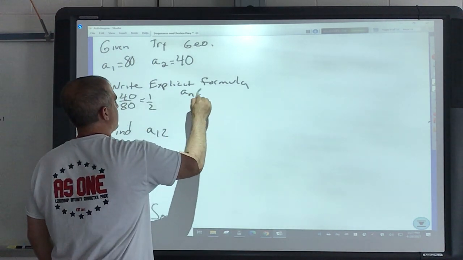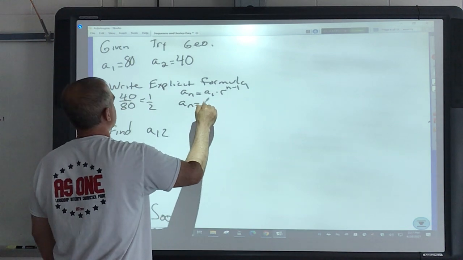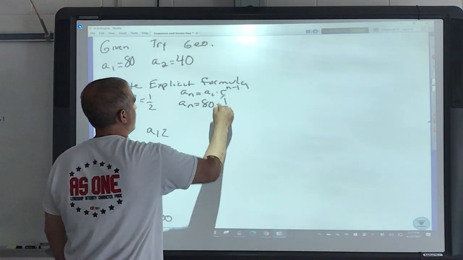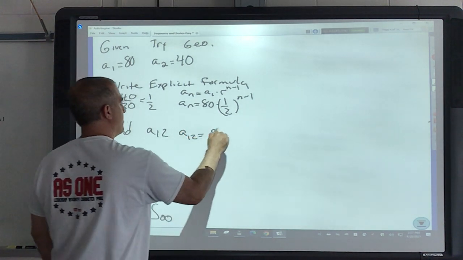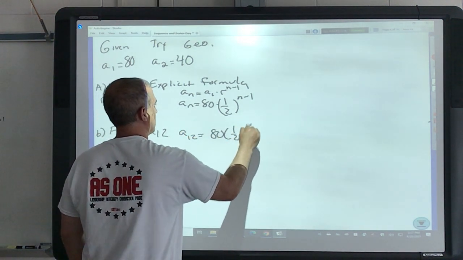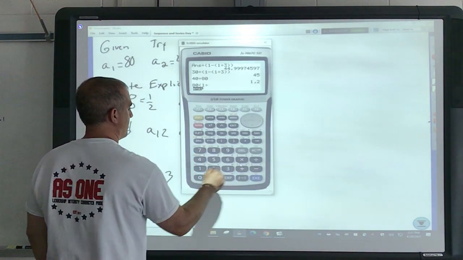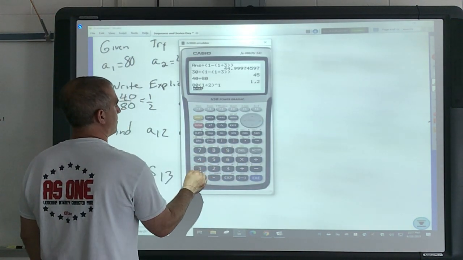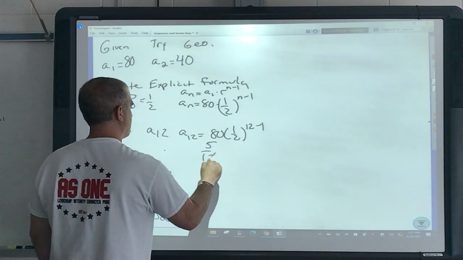So I would use A1 times R to the n minus 1. So A_n equals 80 times 1/2 to the n minus 1. To find the 12th term, I'd put 12 in there. 80 times 1/2 to the 12 minus 1, the 11th power. So it's a fraction, 5 over 128.